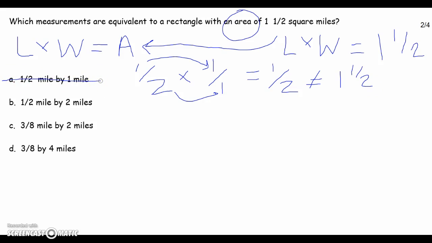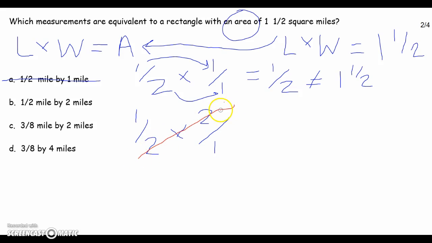Now let's look at letter B. It says a rectangle that has the dimensions of 1/2 by 2 miles. Now you're going to see that I'm going to put the 2 over 1, because that is what we do in order to multiply by a fraction. That makes it an improper fraction, and if you solved it, it would end up being the whole number 2. There is a diagonal relationship on this one, and that's 2 and 2.